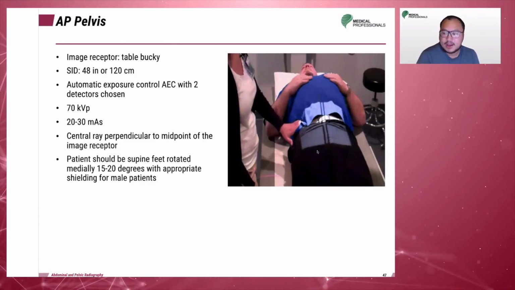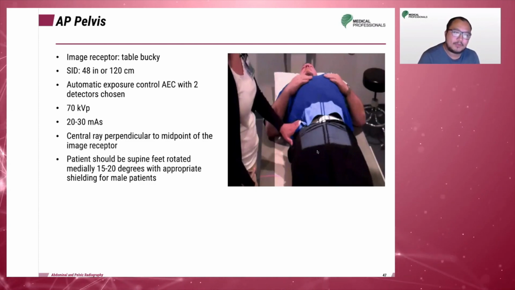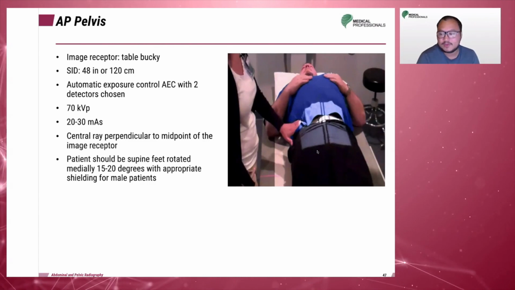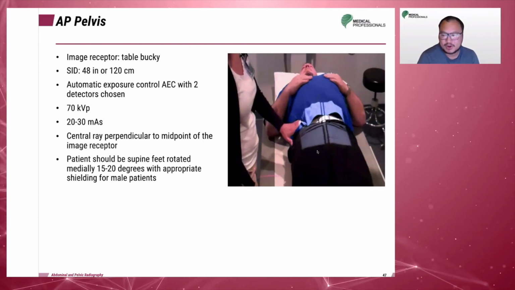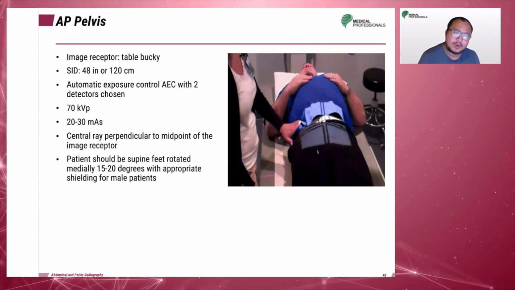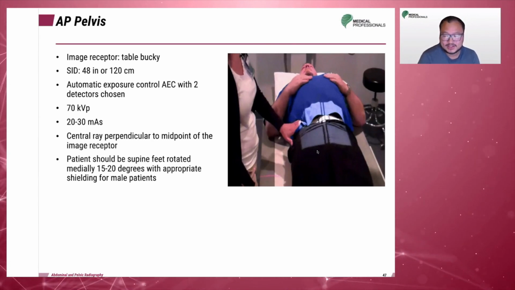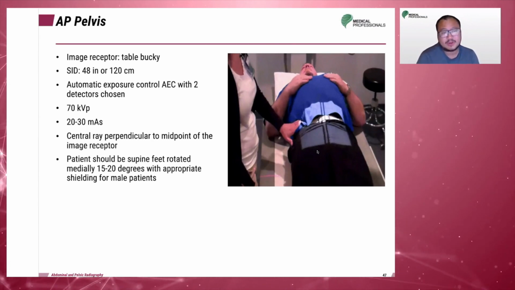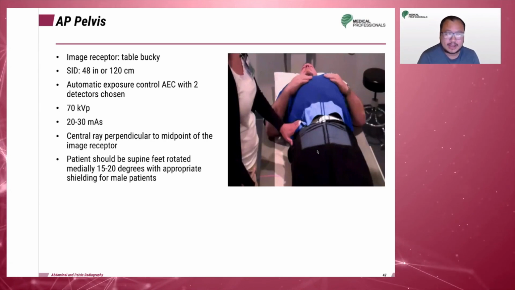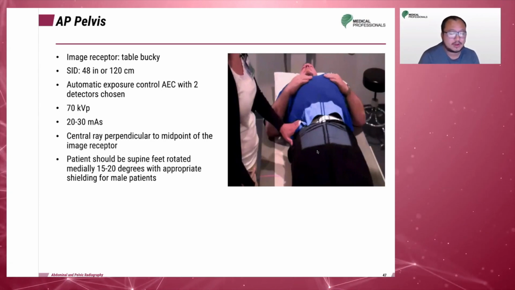Okay. Some ways that you can determine where to place the central ray: if you feel for 2 inches inferior to the level of the ASIS, you probably are in the right spot. Okay, so that's one of the ways.